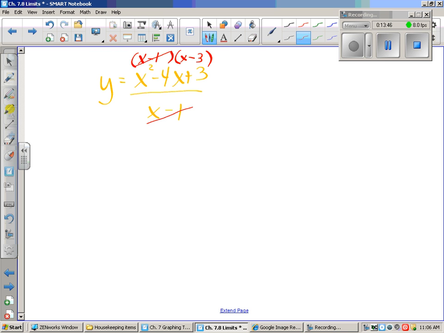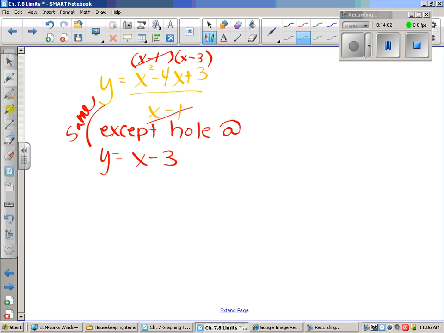What that says to me is that this is the same graph, except for one little detail. What's the detail? There is a hole at 1. We still have to accommodate for the fact that this has x minus 1 in the denominator, and 1 would make it undefined.